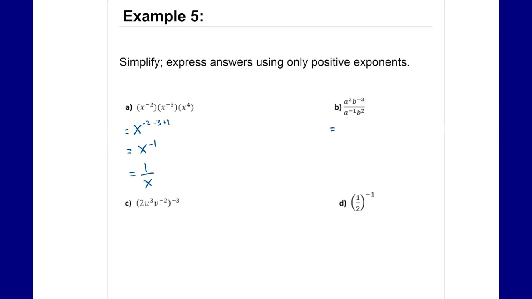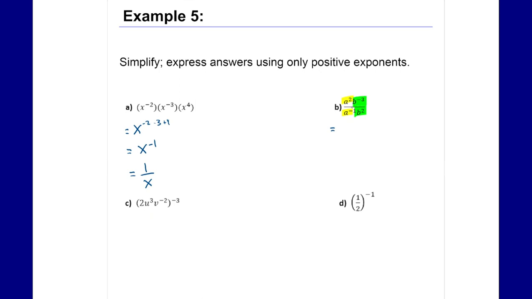For b, a squared times b to the power of -3 divided by a to the power of -1 times b squared. I'm going to focus on the individual components first. I'm going to simplify using the power rules for dividing powers, which is subtraction, and then I'll worry about getting positive exponents later.